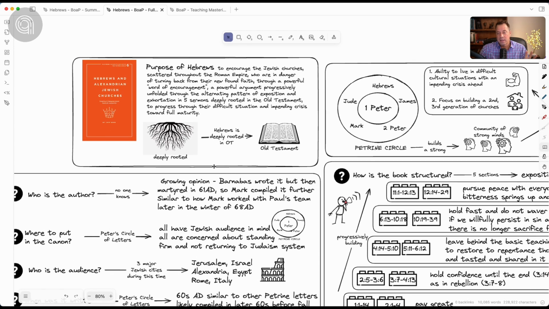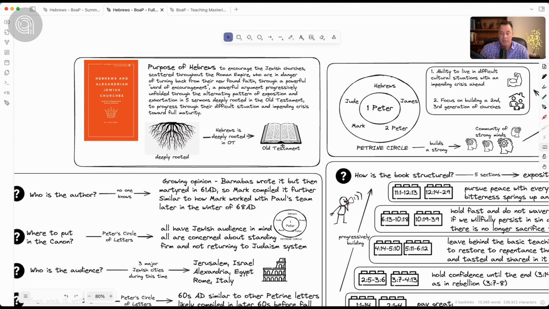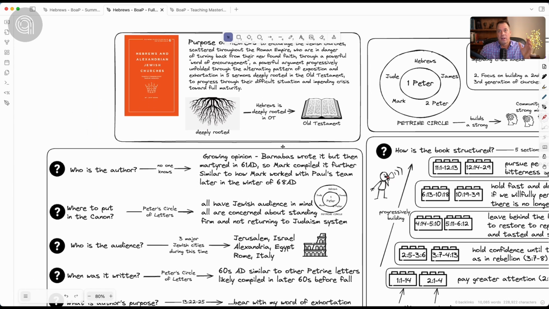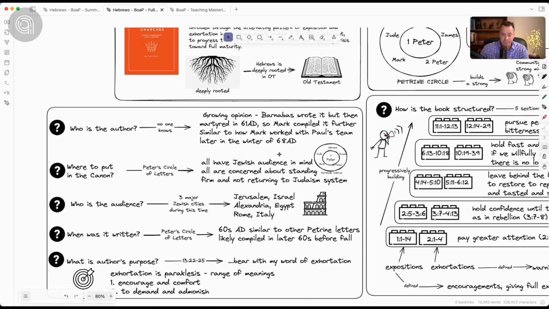That is a paragraph summarizing what Hebrews is about. It's deeply rooted in a lot of Old Testament quotes and understanding. The author of Hebrews knew the Old Testament very well and knew how it unfolds into the New Covenant today.